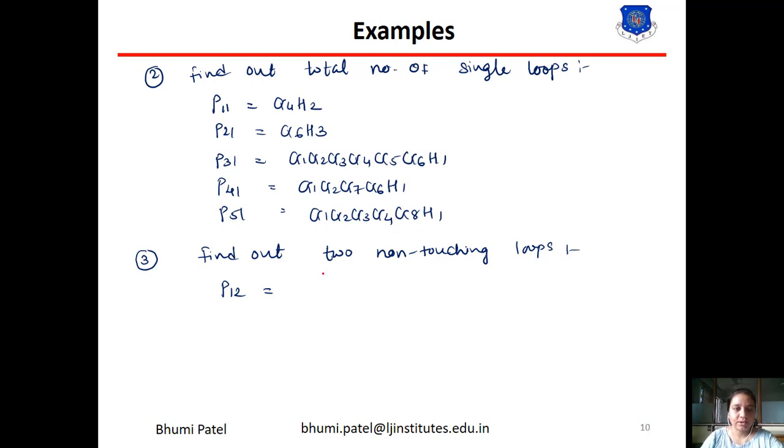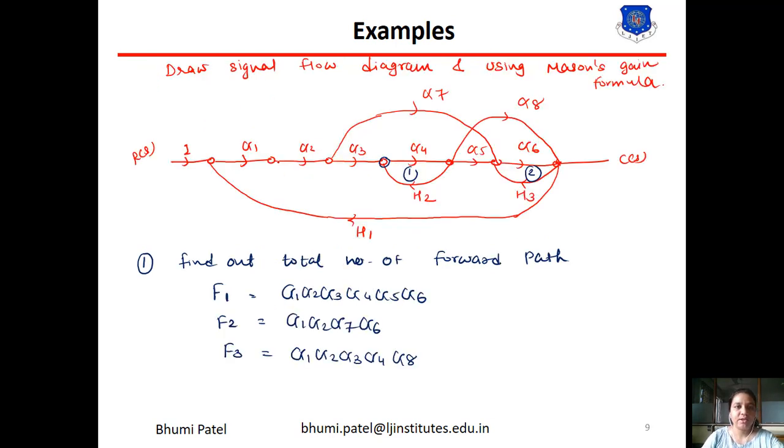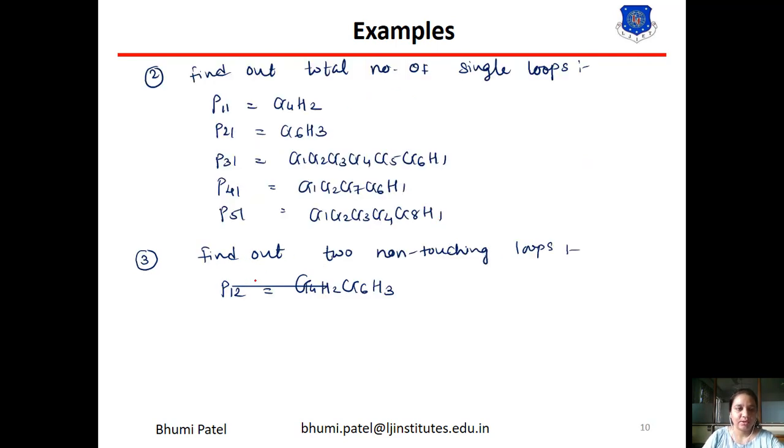The answer is G4, H2, G6, H3. Now the second non-touching loop is G1, G2, G7, G6, H1 and G4, H2.